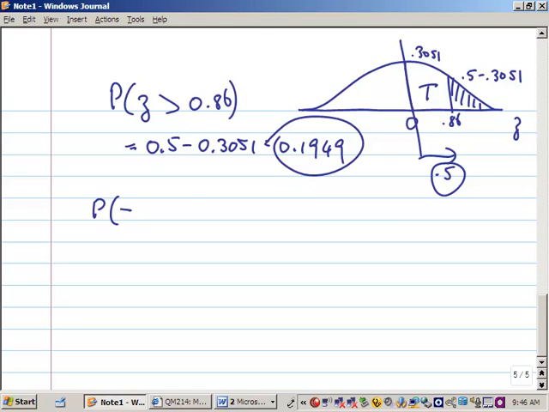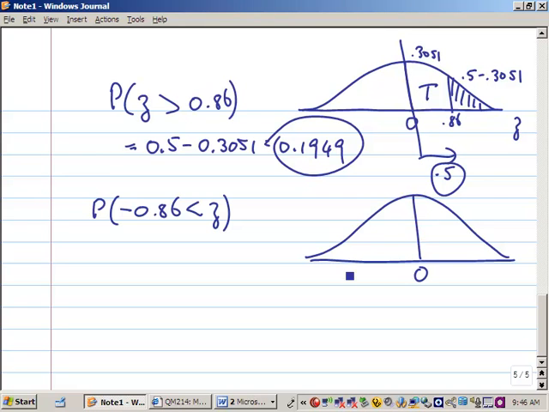So similarly, the probability of getting a z value less than negative 0.86, this tail here is identical to the tail we just found, right? These two are equal. And we already know from the above example that's 0.1949, or the half minus the 0.3051.